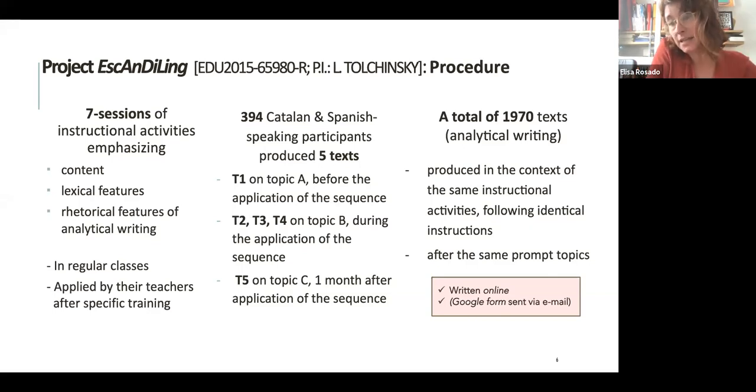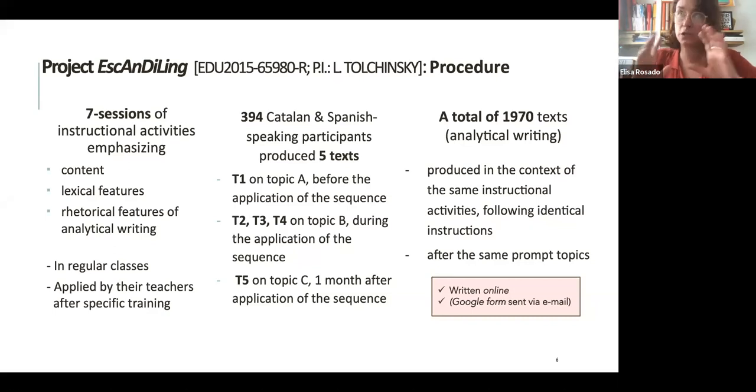And what we did was develop a pedagogical sequence of activities with a focus on content, lexical and formal features of analytical texts. The students were asked in regular classes to produce a total of 5 texts on different topics and discuss those topics after being exposed, after examining and co-evaluating.